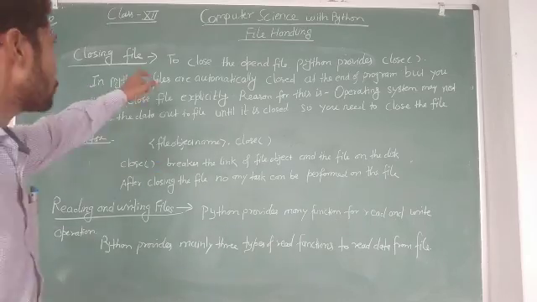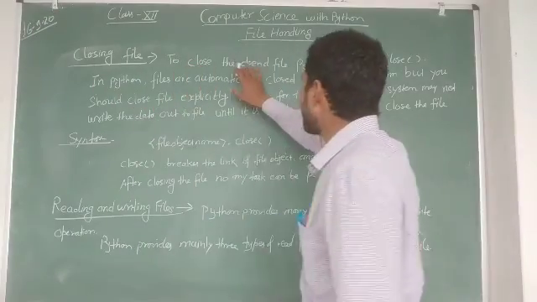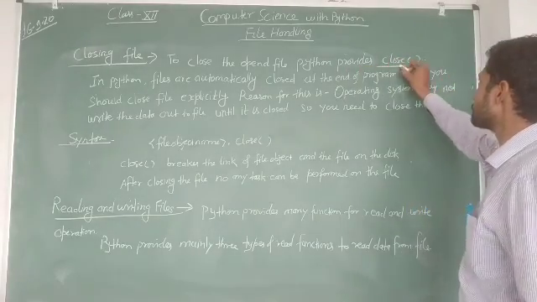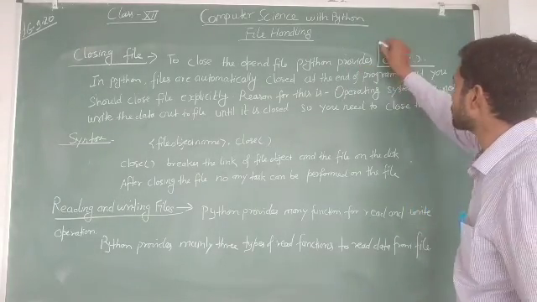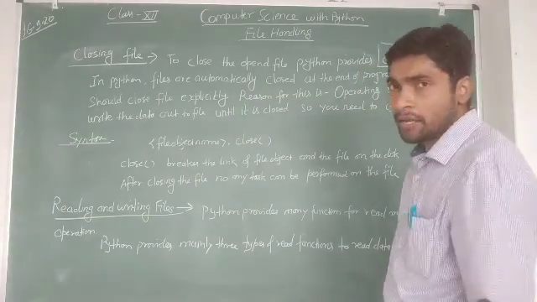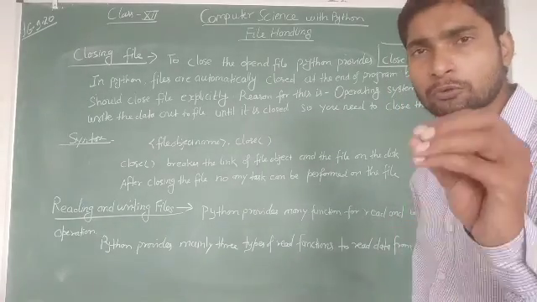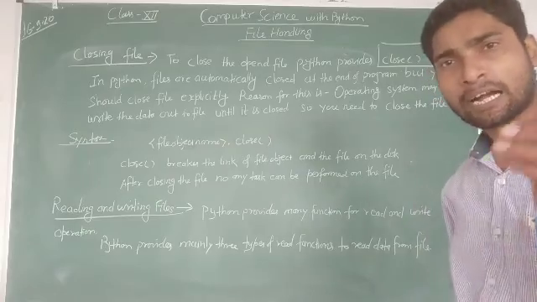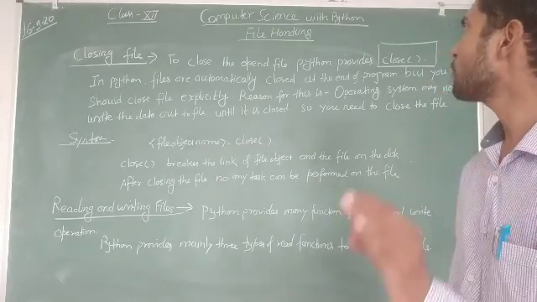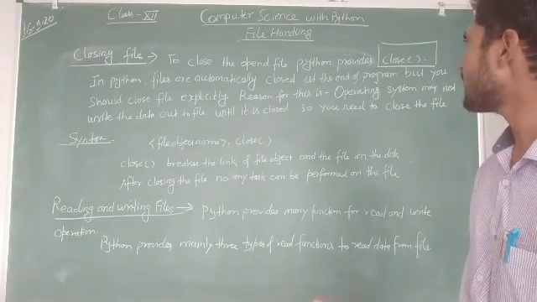To close the file, Python provides the close function. If you do not use the close function to close the file, then Python automatically closes the file at the end of the program.